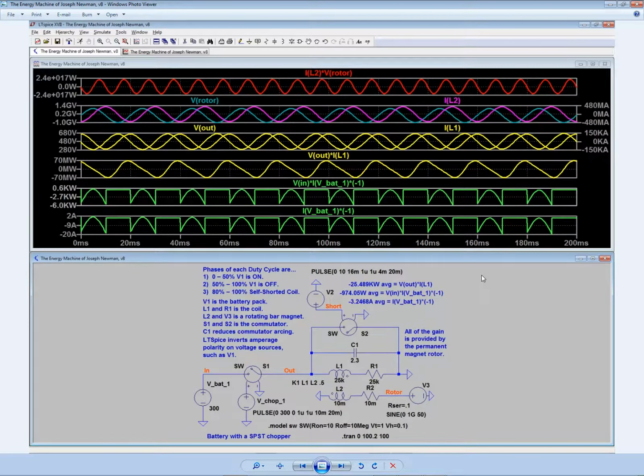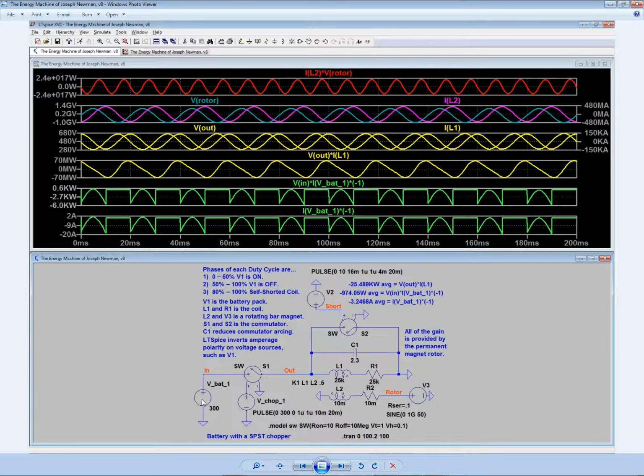But I managed to satisfy a few of the most important criteria, namely negative amps on the battery pack and 667 volts on the coil, with 300 volts coming in from the battery pack.